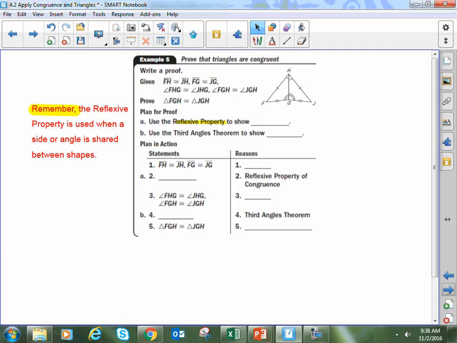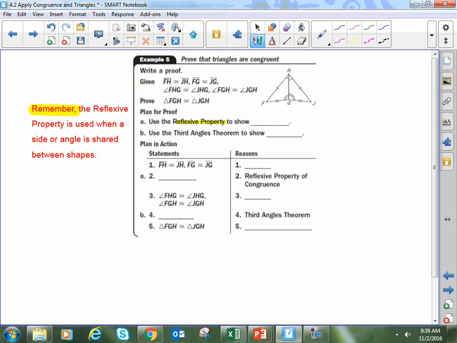So what we're looking at here is, take the given information and we want to prove that the two triangles are congruent to each other. Now the given information has really already been marked on the triangle itself. So corresponding angles and corresponding sides that were given to us have already been marked congruent to each other.